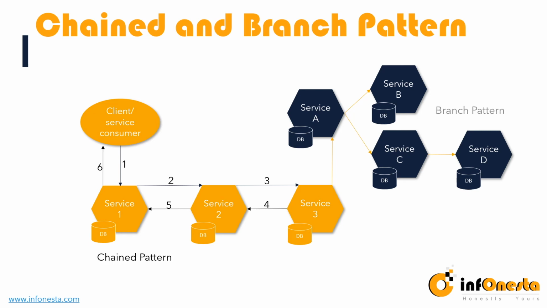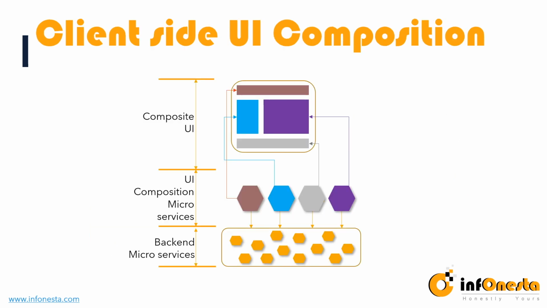The next pattern is the client-side UI composition. In microservices, the focus is always at the service level, which is the backend. This pattern helps to achieve the same for frontend, meaning break down the UI into different components that will interact with microservices is called UI composition services.